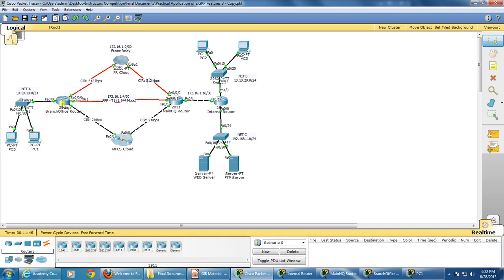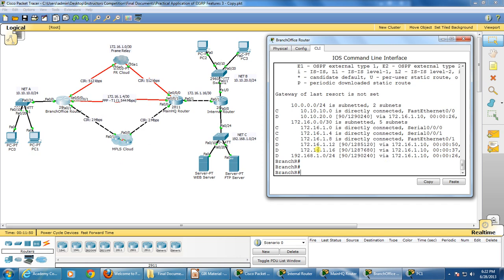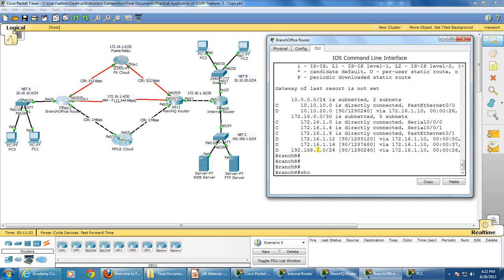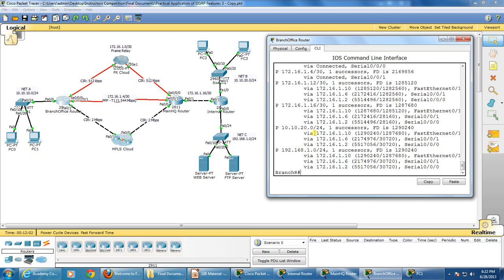Now let's go back to our topology and let's check the EIGRP topology table of our branch office router using this command. Of course, you know this already, the show ip eigrp topology, and you will notice that going to net B, 10.20, you have 3 routes because we had 3 T1 links, as well as in net C we have also 3 T1 links.